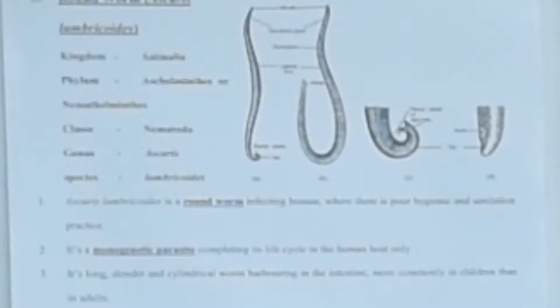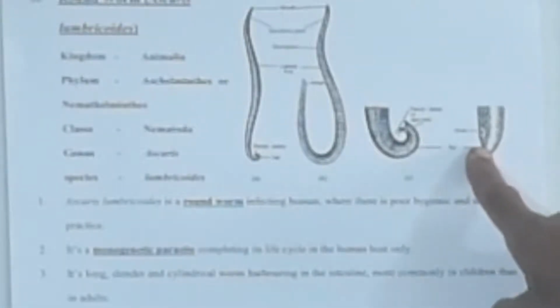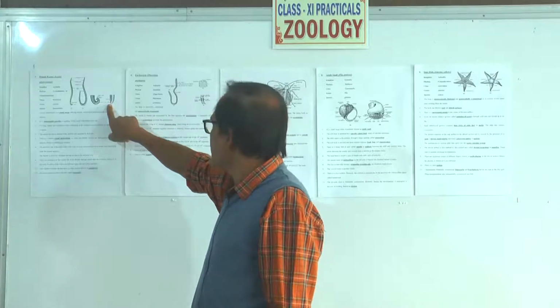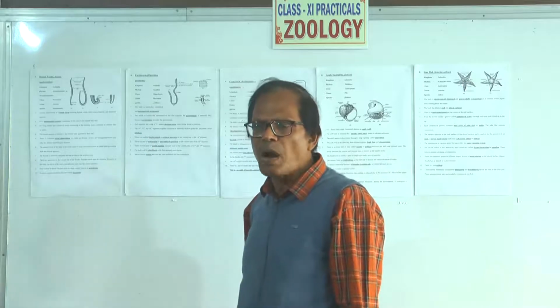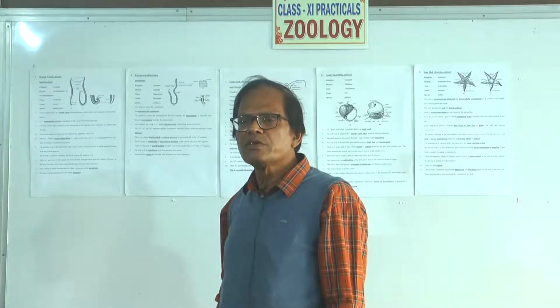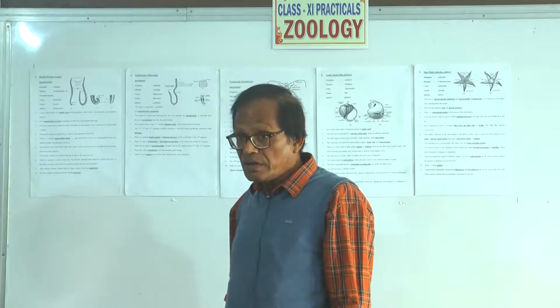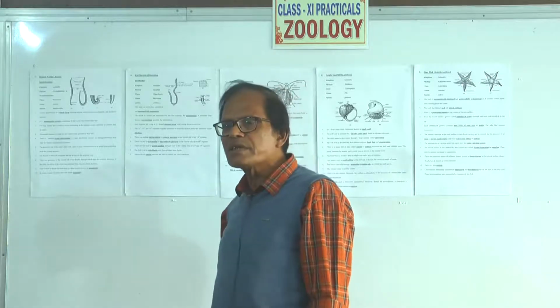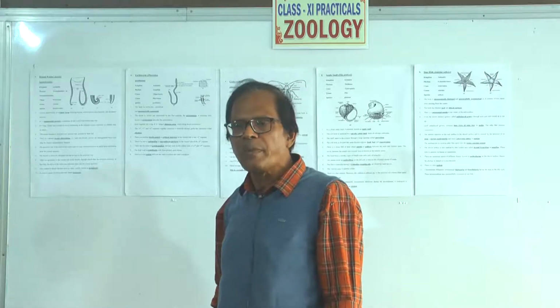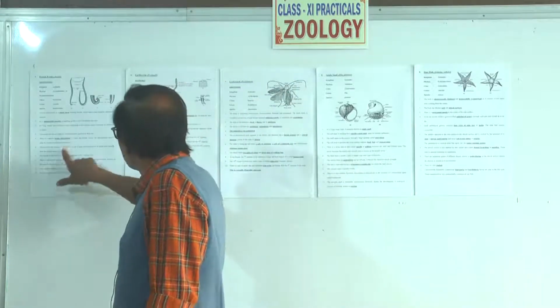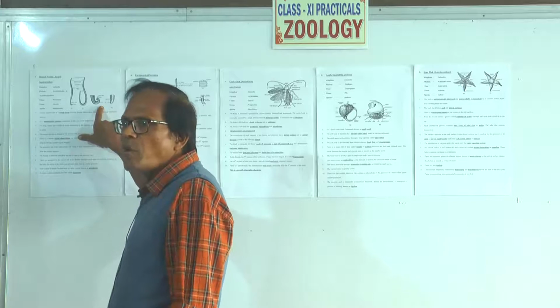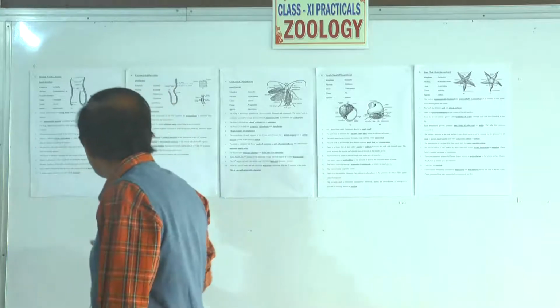The penial setae are present only in the male Ascaris. Such features are not present in the female Ascaris. The posterior end of the female Ascaris is relatively straighter, and no such penial setae like that of the male is present. So, this is about the sexual dimorphism in Ascaris.